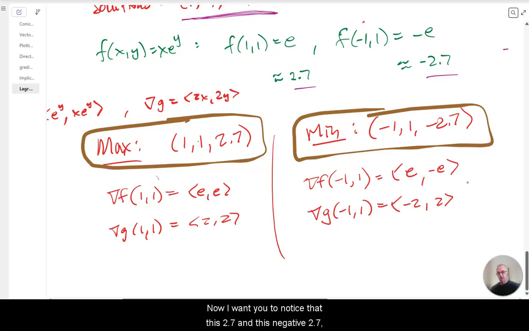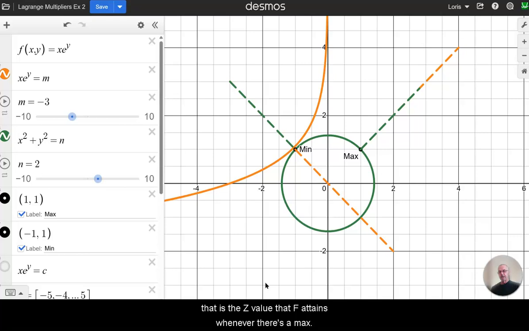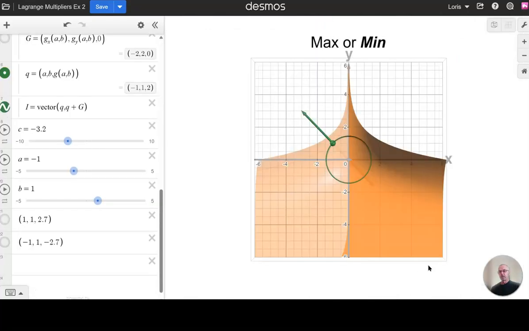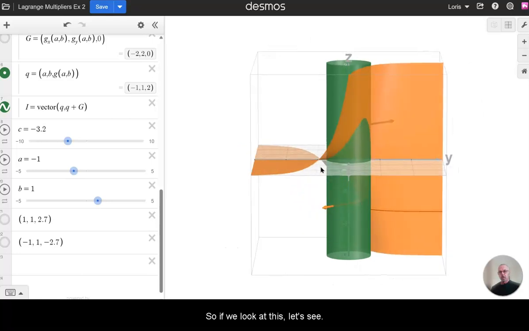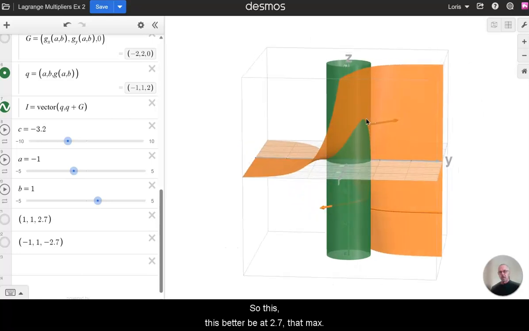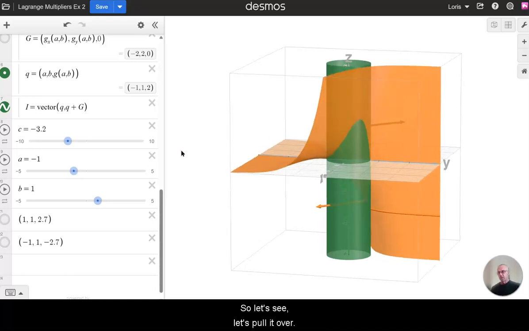Now I want you to notice that this 2.7 and this negative 2.7, that is the z value that F attains whenever there's a max. So if we look at this, let's see. So this better be at 2.7, that max. So let's see.